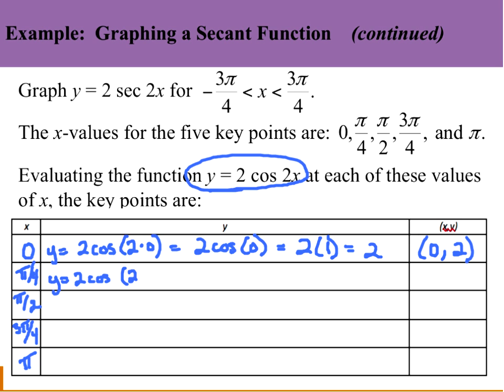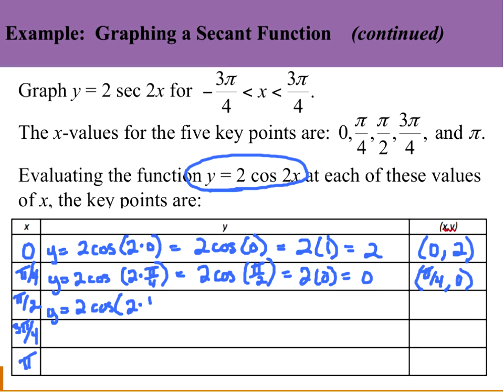All right, y equals 2 times the cosine of 2 times pi over 4, which is 2 times the cosine of pi over 2. The cosine of pi over 2 is 0, so we have the point pi over 4, 0.